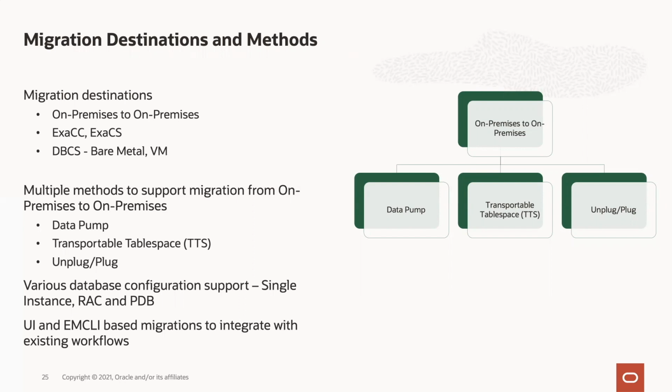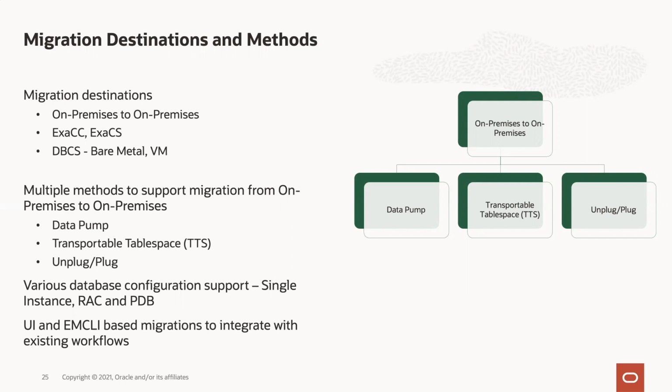And you know, the reason why this on-premise to on-premise migration is very crucial is that if your organization is planning to migrate or consolidate to multi-tenant over the next couple of months, and if you're on single instance databases or RAC databases, you can use this tool to migrate those databases to, say, Oracle Database 19c multi-tenant databases.